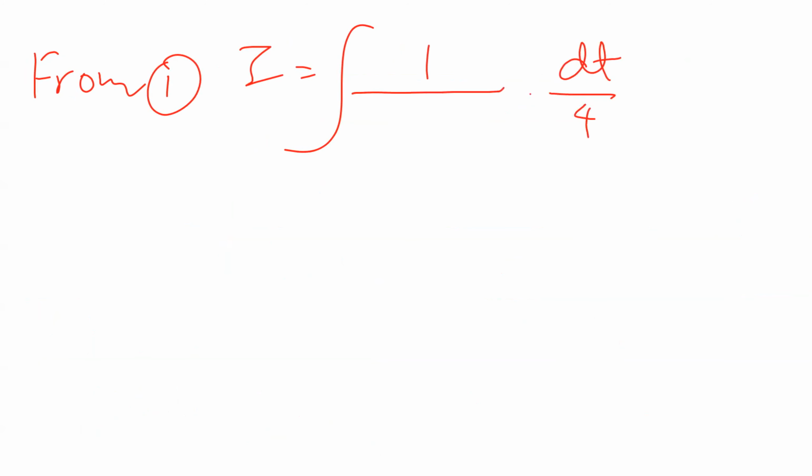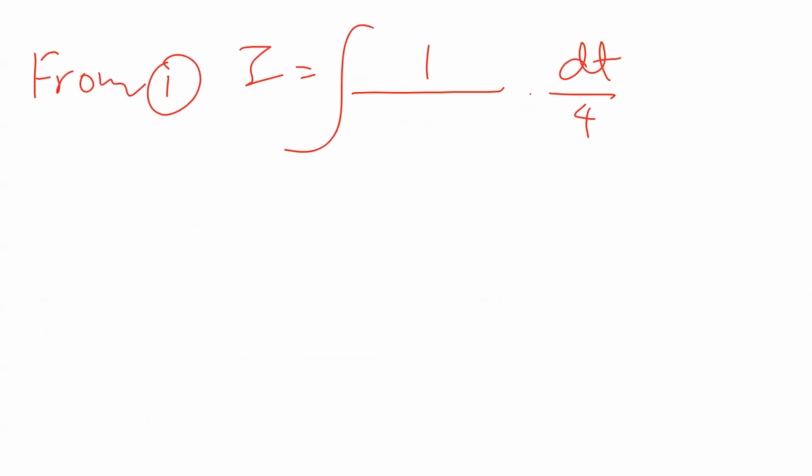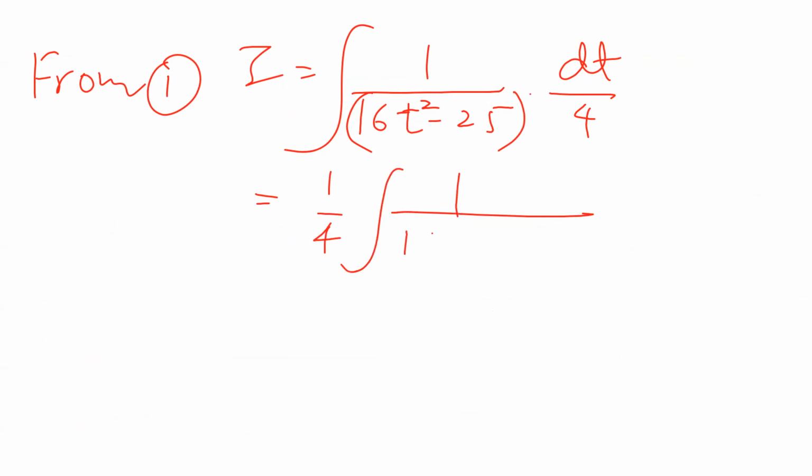And x raised to 4 is t. So 1 upon 4 outside, and 16t square minus 25 dt.